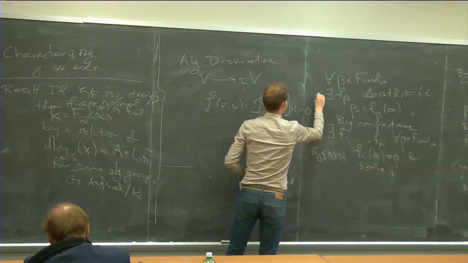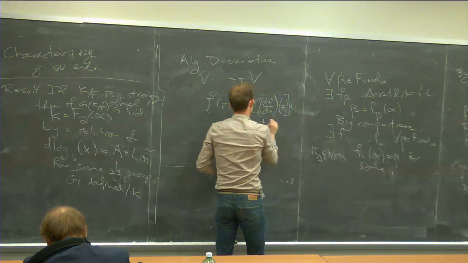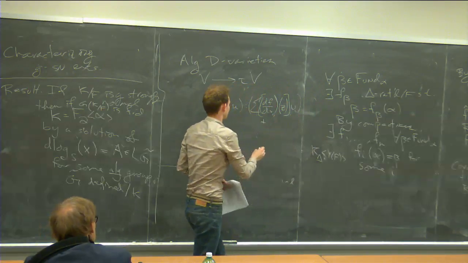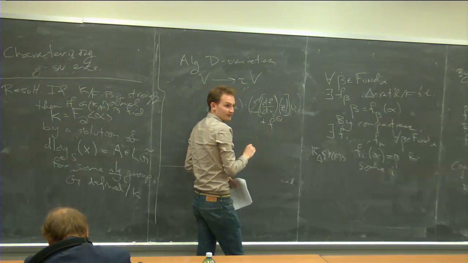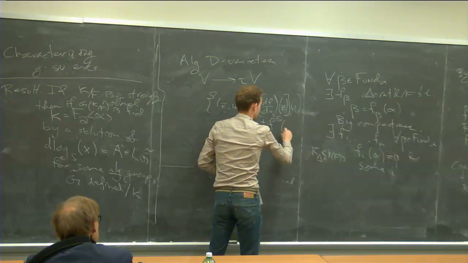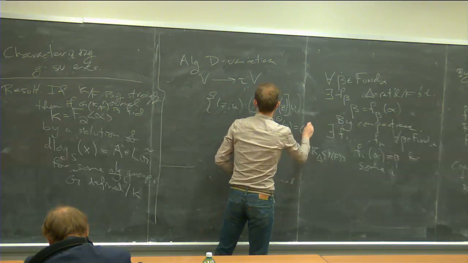And this should be equal to plus a slight perturbation, where we just differentiate the coordinates of F by the differential operator and apply to Z, and that sum has to equal 0.